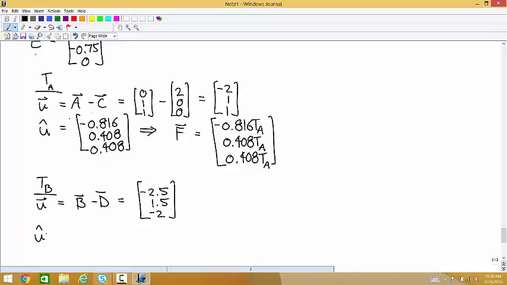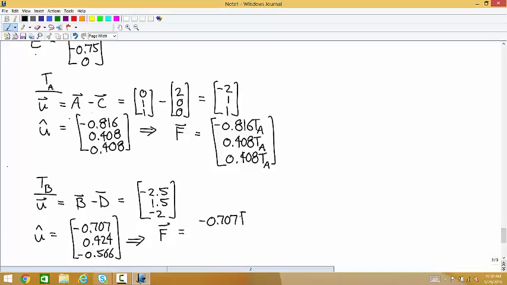So the unit vector in that direction is negative 0.707, positive 0.424, negative 0.566. And so the force vector is negative 0.707 TB, positive 0.424 TB, negative 0.566 TB.